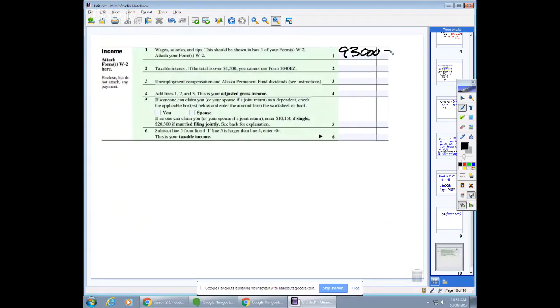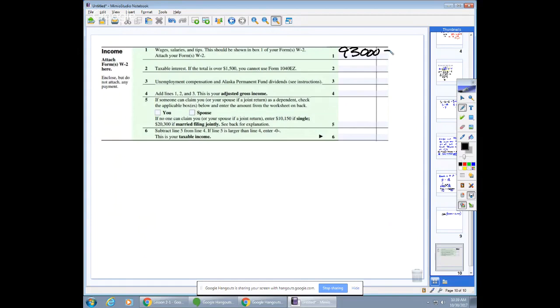Taxable interest, if the total is over 1,500. Okay, so this answers part of our question. This is a few years old though, it's not the newest tax form. So a few years ago, 1,500 was the threshold. Oh, taxable, sorry, I'm misinterpreting what I'm reading.